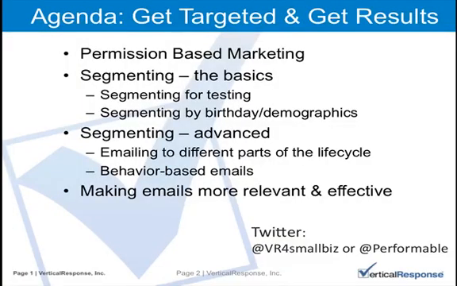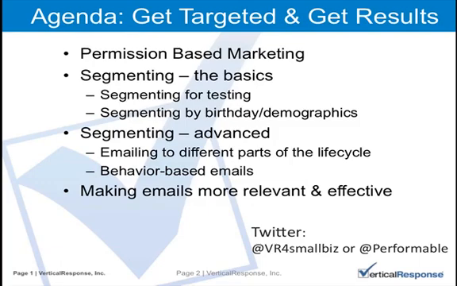So first of all, these are the things that we're going to go over today for our Get Targeted and Get Results webinar. We're going to talk a bit about permission-based marketing, how important it is, and how to get started doing that. We're also going to talk about segmenting, some basics and also some more advanced segmentation information to help you send out more targeted email campaigns to help with your business.